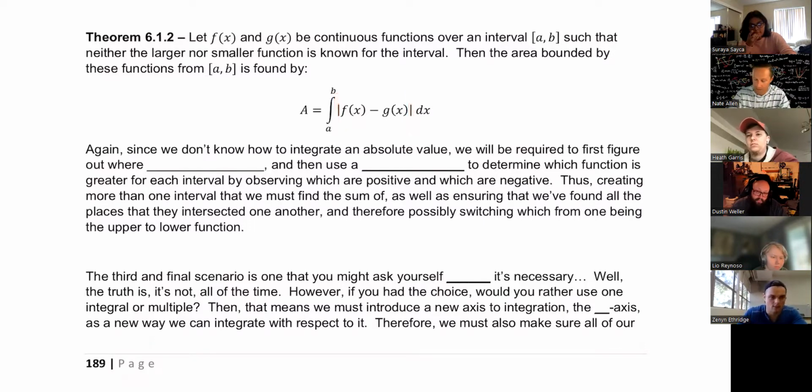Do we know how to integrate an absolute value? No. So as Dustin was kind of mentioning, we've done something like this before. What are we going to do with the absolute value? We're going to see where it's 0. Because what is the definition of absolute value?